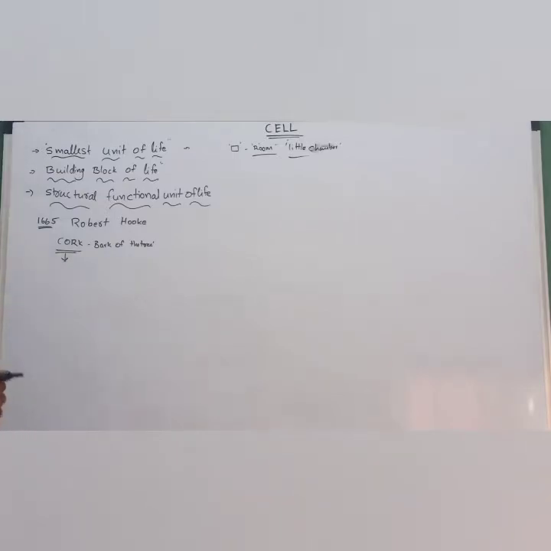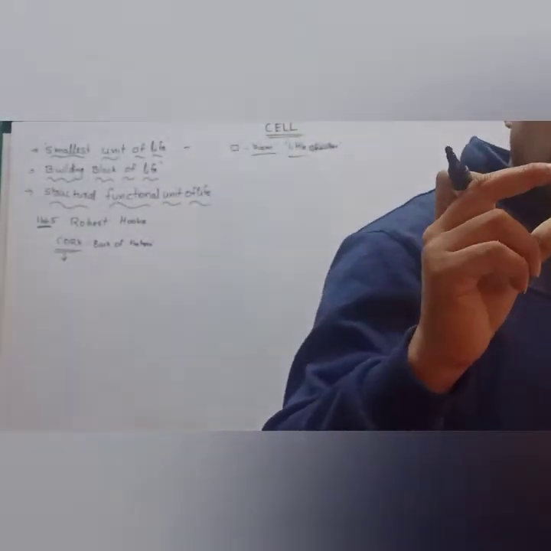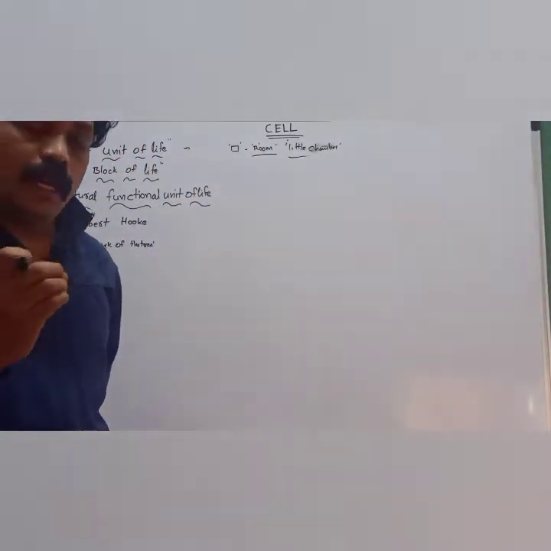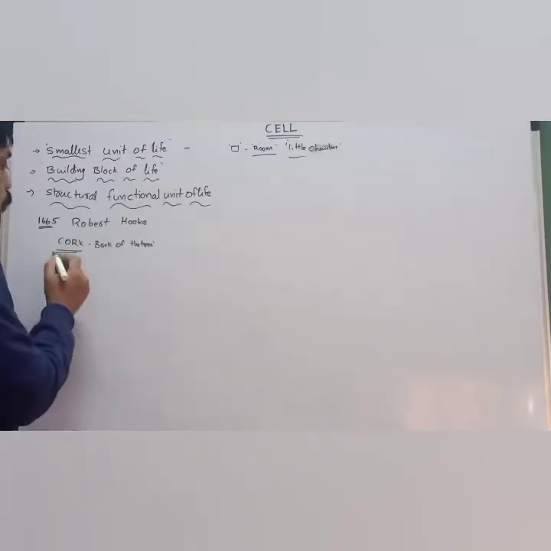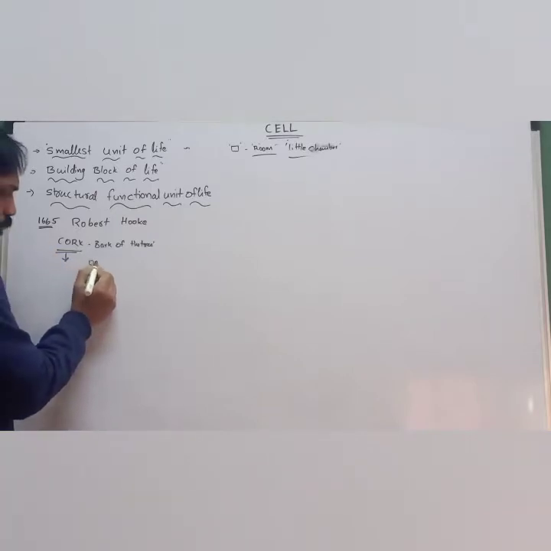He used a small microscope. He used his microscope to observe small cork cells. By using his microscope, he observed small room-like structures in the cork cells.